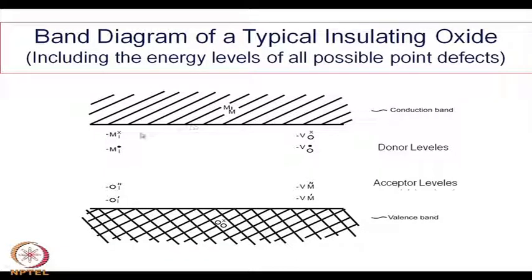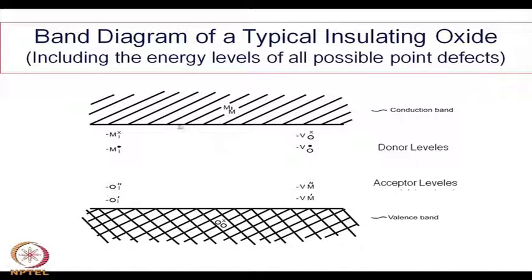And the other important issue I want to mention is the position of some of the defects. So, the defects also have some energy levels. We have earlier discussed the point defects of different types, metal vacancy, oxygen vacancy, they are charged or neutral vacancies, and metal interstitials as well as oxygen interstitials.